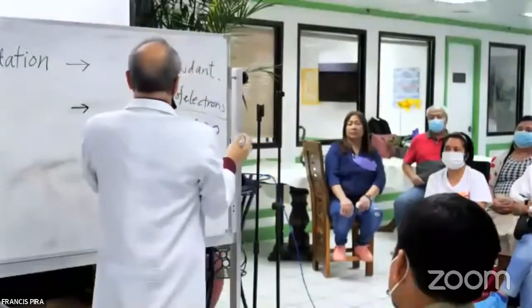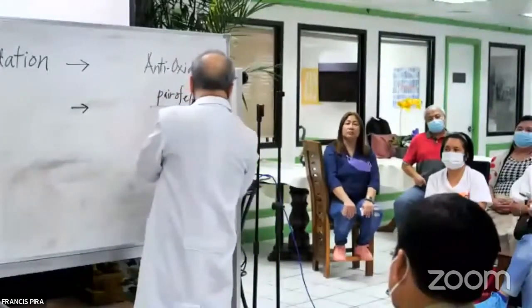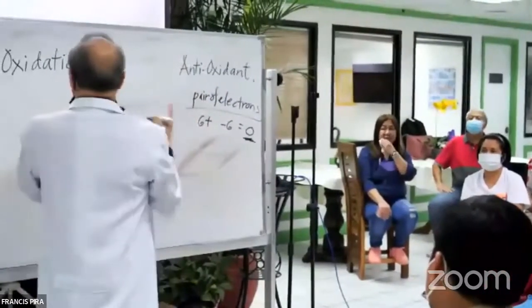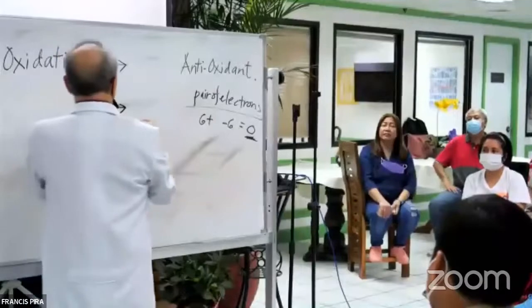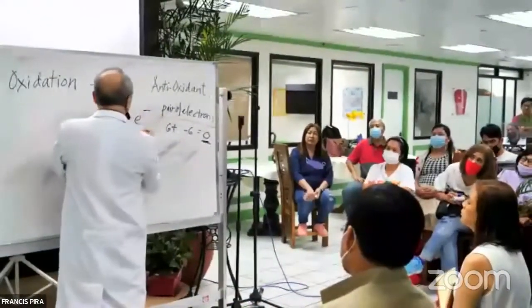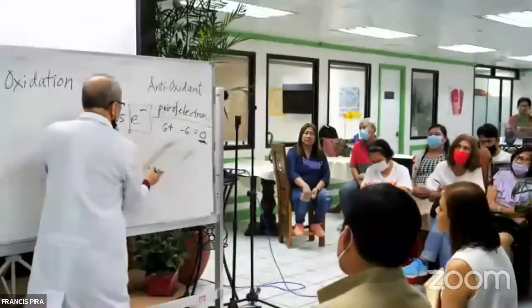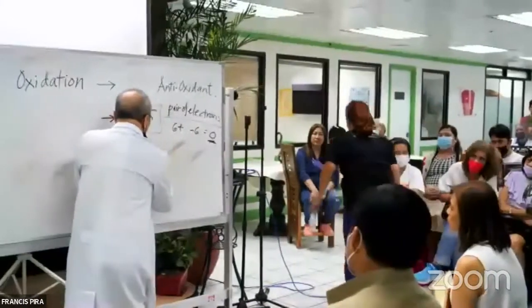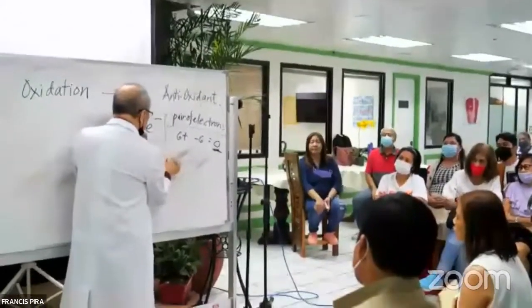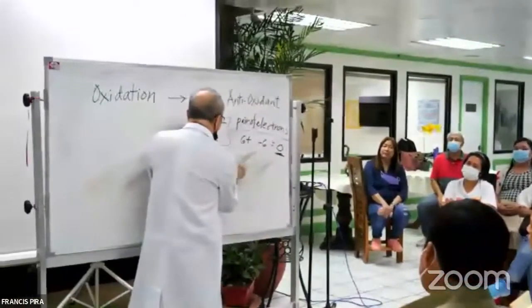A person that is neutral is at zero charge. The meaning of oxidation is loss of electron. For example, a molecule has its partner, electron with proton.